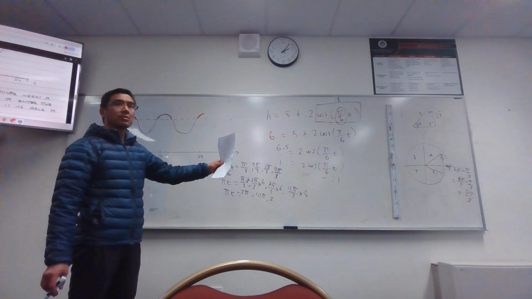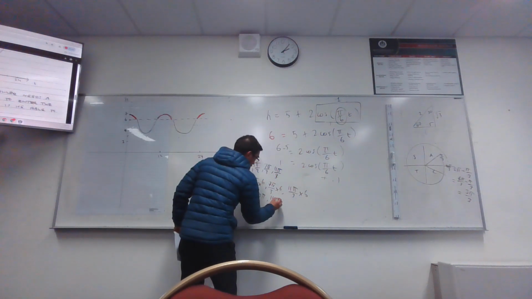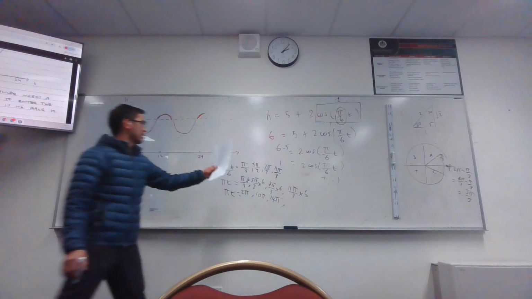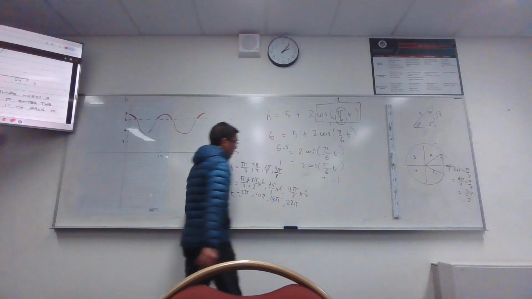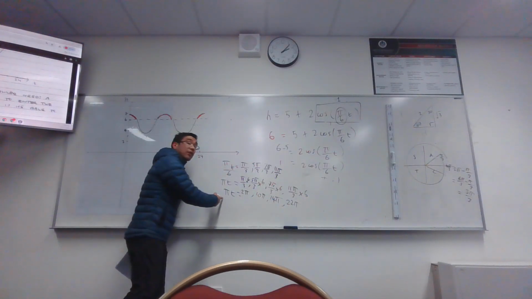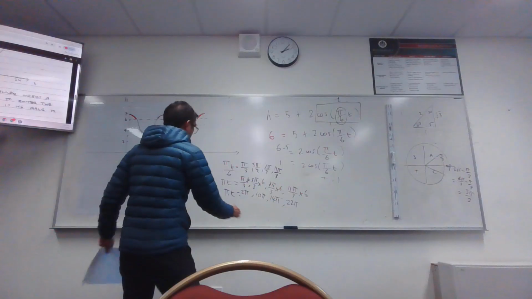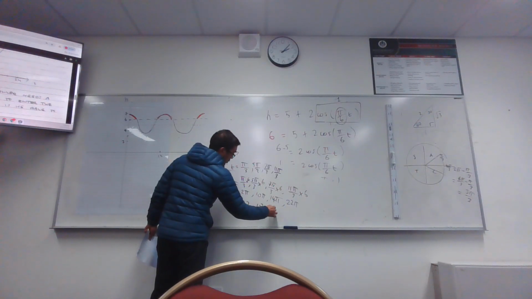What is it? 14? Should be 14. And the next one is 22 pi. And if I have a pi in front and I've got pi's on there and I want to cancel them out, they just simply go. T equals 2, 10, 14, and 22.